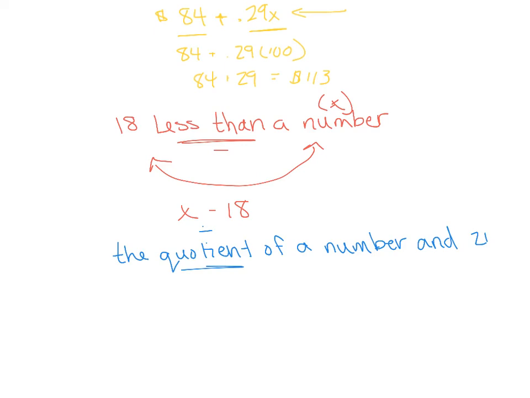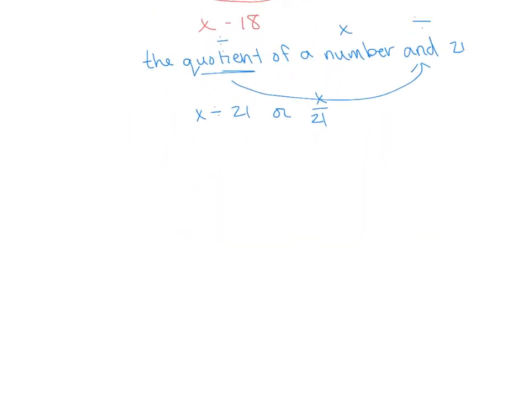A number, we don't know what number, so we're going to replace it with X. This quotient division goes in for and. Okay, so we have X divided by 21, or you could write it out as X over 21. Either way is good.